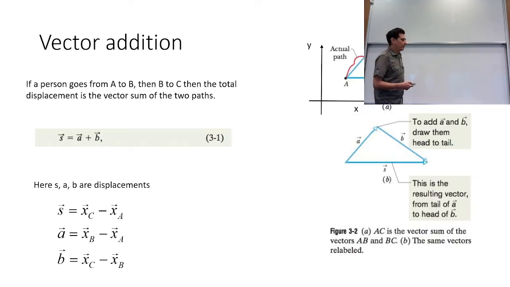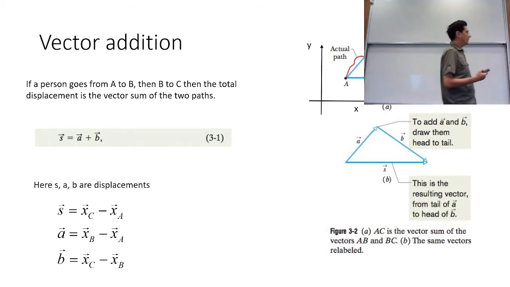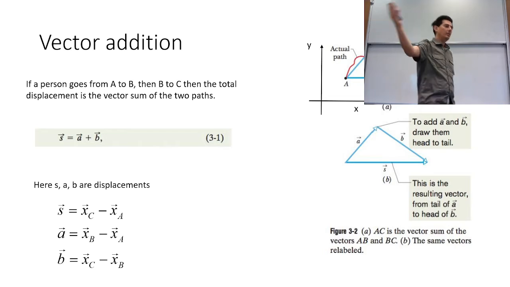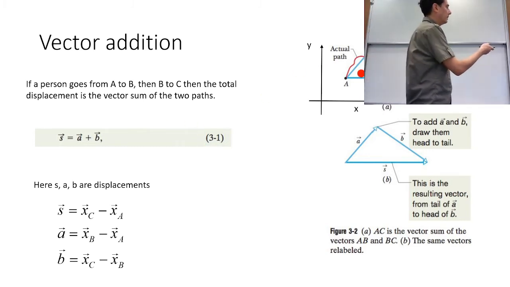When you do vector addition, the rule is that if you're doing it graphically, you do it from head to tail. So you write one vector, and if you want to add another vector to it, you put the tail of the second vector at the head of the first vector, like in this diagram.